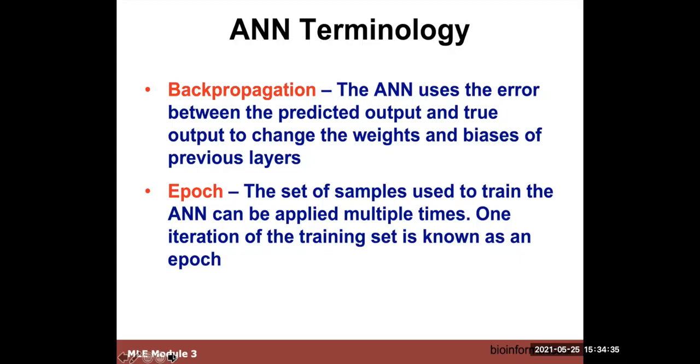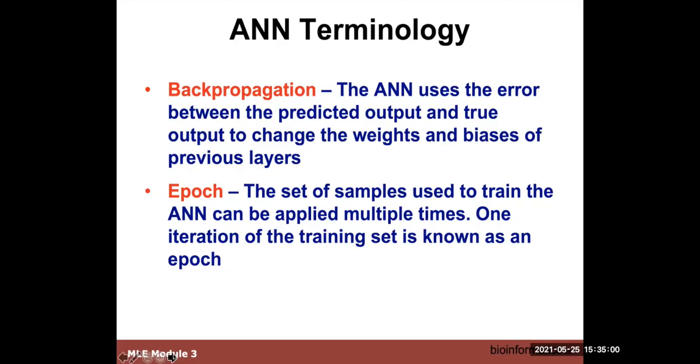And that's where you make adjustments to those nodes, those circles, and you modify their weights. That's in terms of the weight matrices and the biases. You also saw the term epoch. That's essentially the number of times that you will carry out the training and backpropagation for a set.